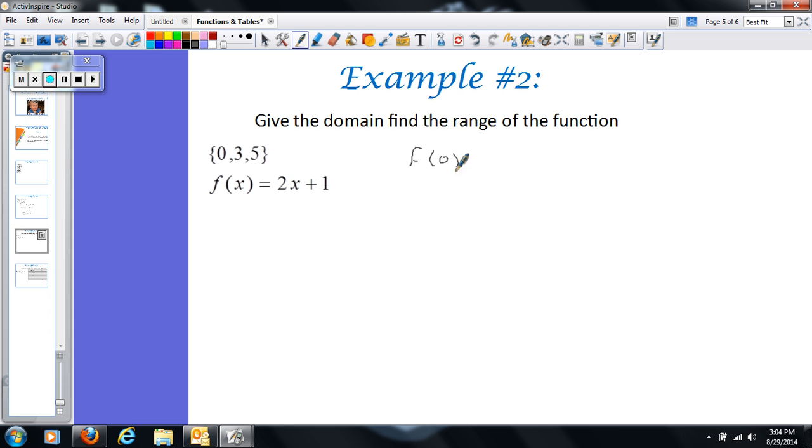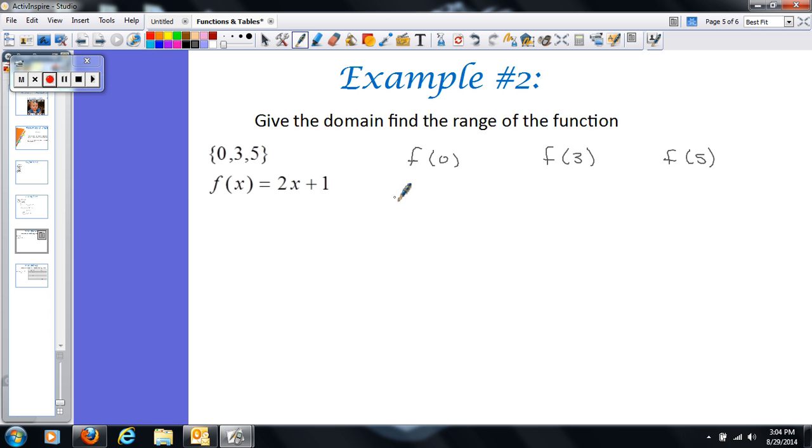Find f of 0, f of 3, and f of 5. You're finding each one of these. Now these are your x values, just like they were in the last problem. So you're going to use the same idea that we used with the last problem, and just plug them in and simplify.